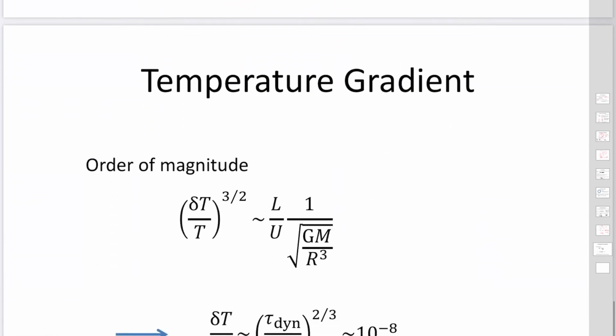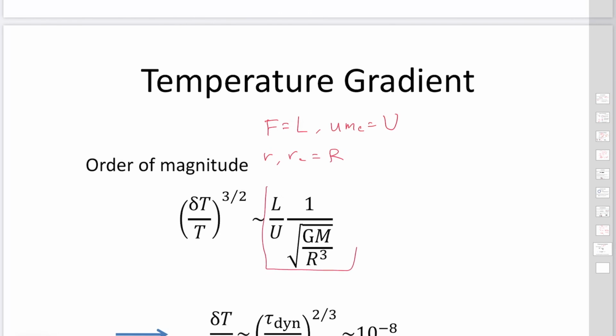Then from these equations you can substitute for an order of magnitude estimate. The flux is the luminosity, U M_C is the total internal energy of the star, and R and R sub C are both equal to the radius of the star.